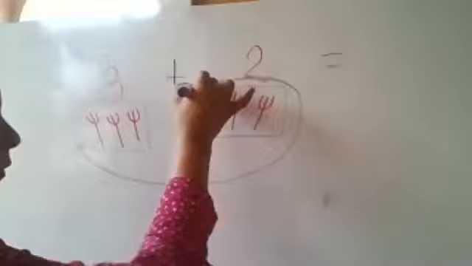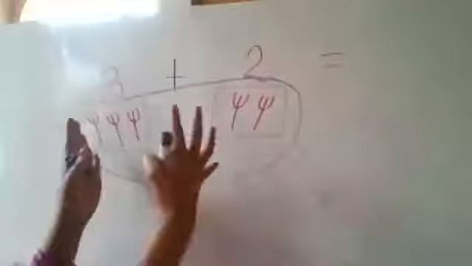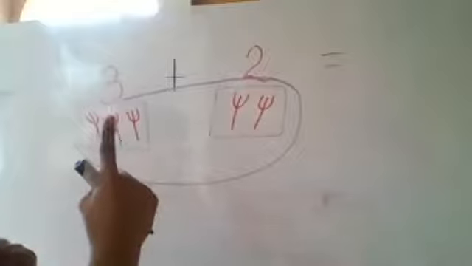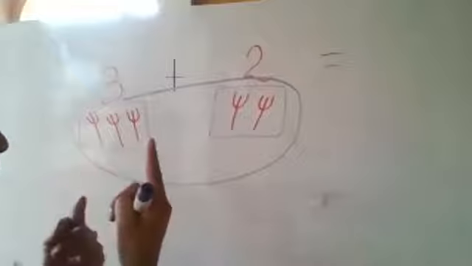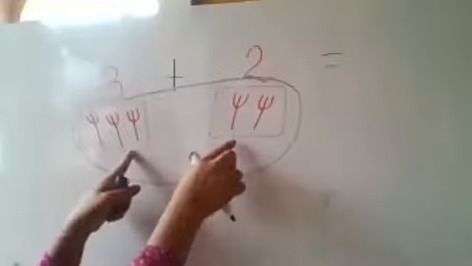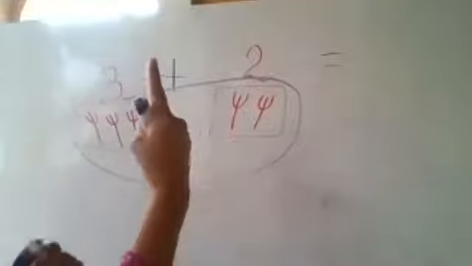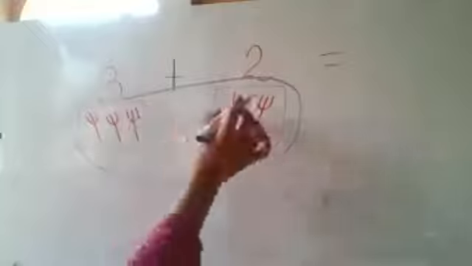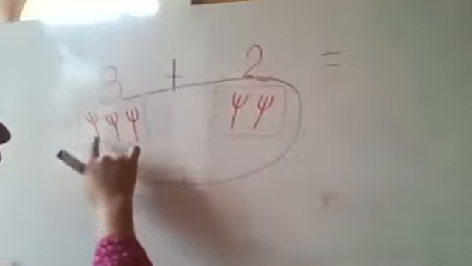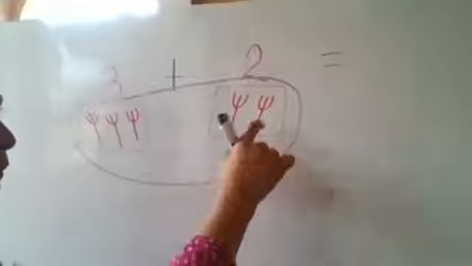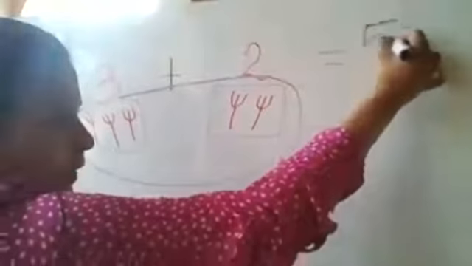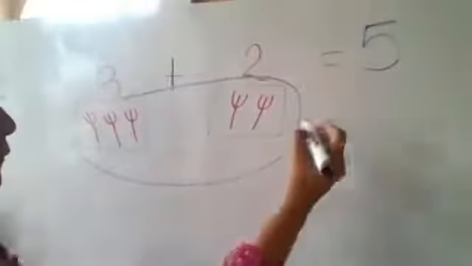Look, we do this because there is only 1 group, right? They become a group. They were 2 different groups before, and now they are only 1. So if they are only 1, we have 1, 2, 3, 4, and 5. 5 what? 5 forks, right?